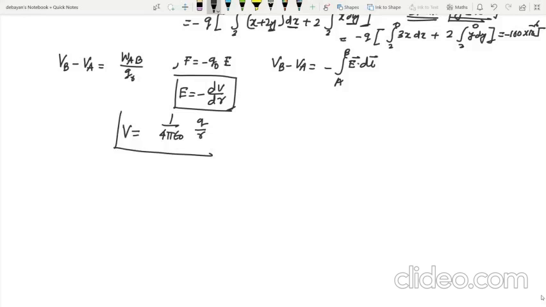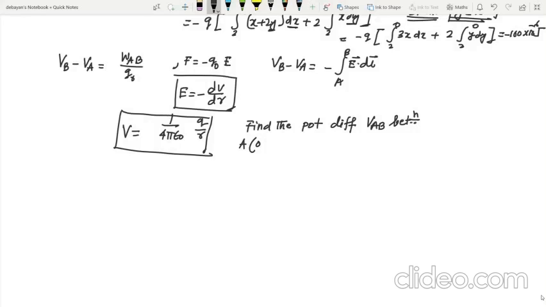Now if the question comes that you have to find the potential difference, say V_AB between points, say point A is given as (0,0,0), B is (1,1,1), in an electric field.